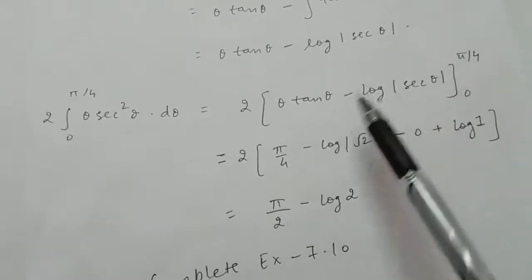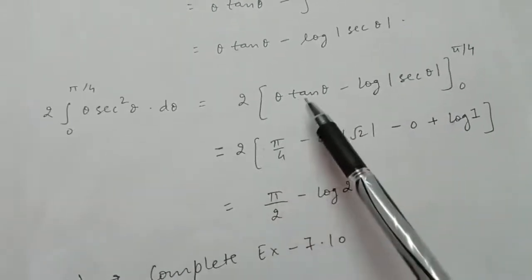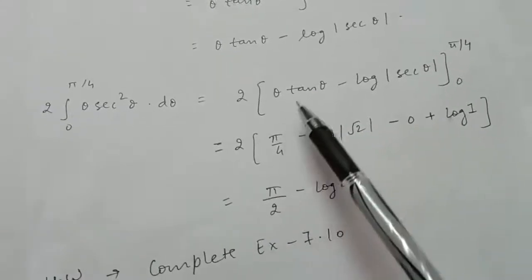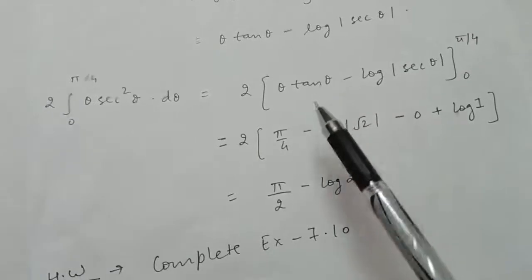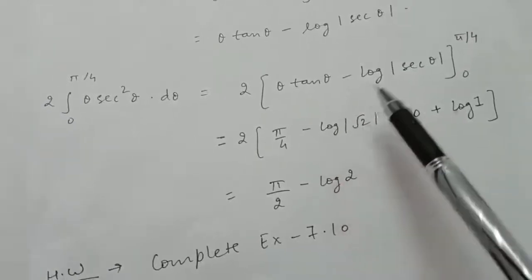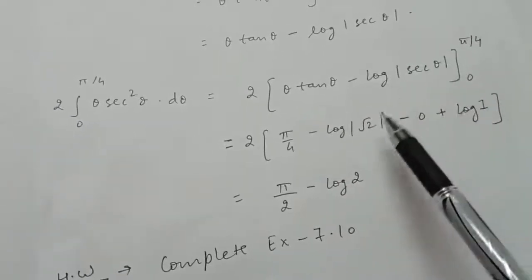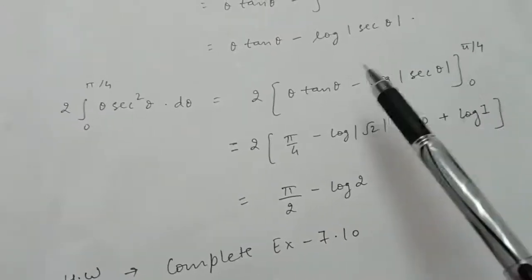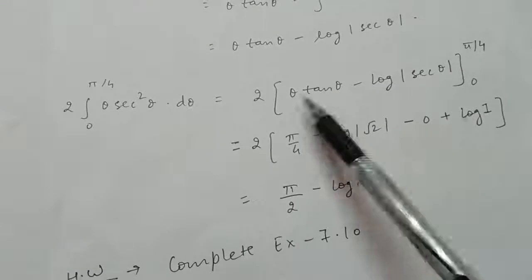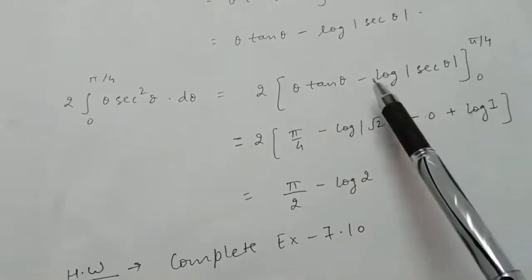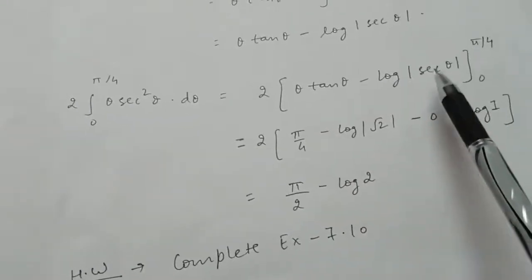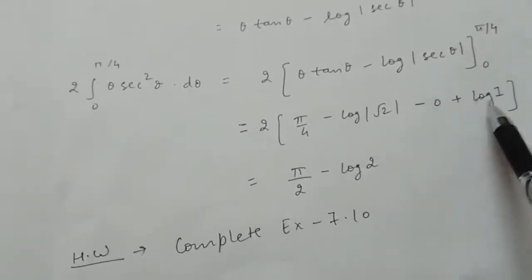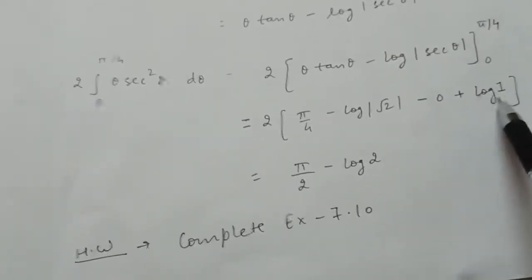Now put the limits. 2 into, when you firstly put pi by 4 in place of theta, you will get pi by 4 into tan pi by 4 which is 1, minus log secant pi by 4 which is root 2, minus, now in place of theta put 0, when you put 0 here, this will become 0, and minus minus plus, this will become log of secant 0, and log of secant 0 is log of 1 which is again 0.